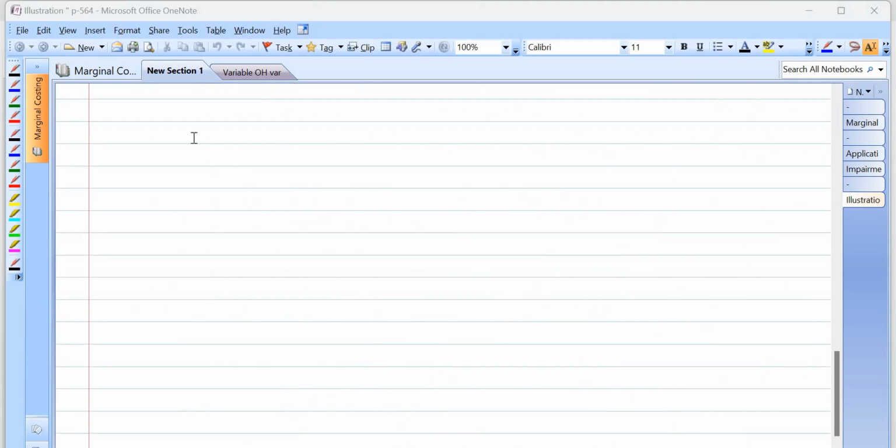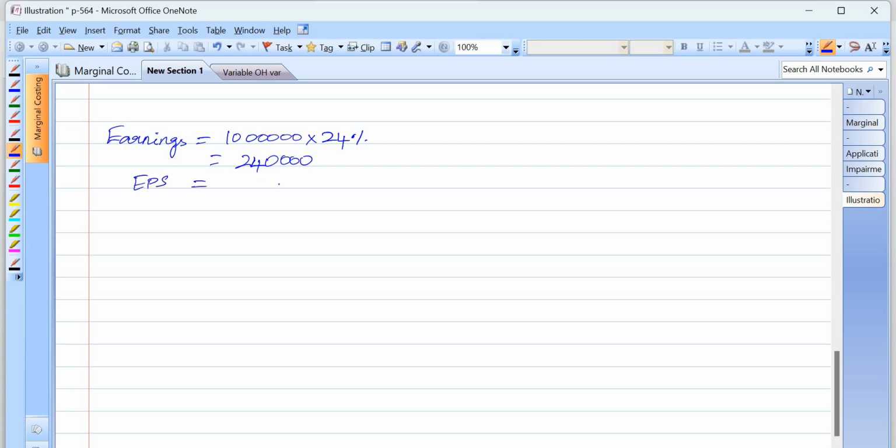So first we are going to calculate EPS, right? First I'm calculating earnings, for calculating EPS. They have given 24% return on investment, and my investment in this particular problem they have mentioned as 10 lakhs. So my return on investment is 24%, so earnings will be around 2,40,000. So what will be my EPS then? EPS is equal to earnings divided by number of equity shares.